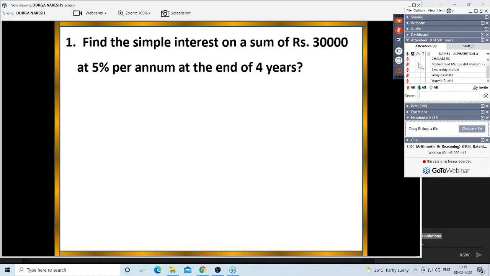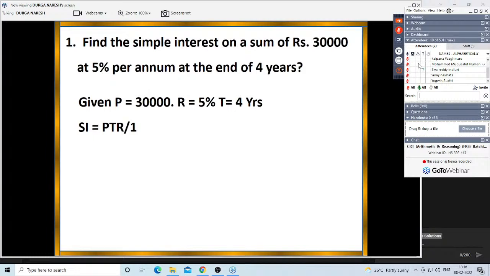So here they clearly gave the P value, sum nothing but principal, 30,000 rupees, and the rate of interest 5% per annum. R value is 5%, and the time period is 4 years. The time period should be in terms of years only. So whenever you know P, R, T values, you can apply directly SI is equal to PTR by 100.